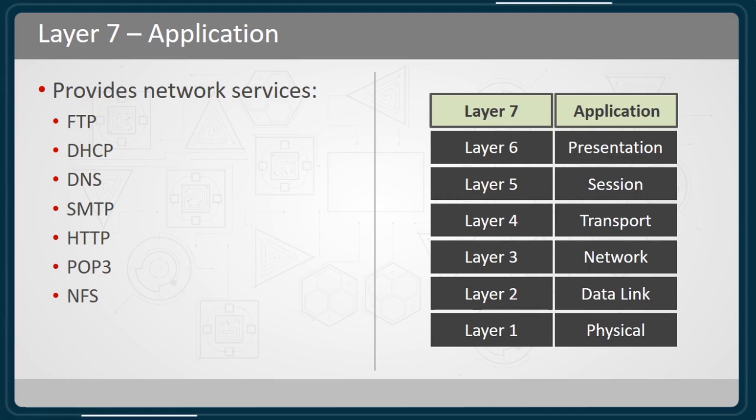So again, that's the network service, getting the site. The browser is the program. So they entirely depend on each other, but it is the function of these application layer protocols to simply provide the services to the various types of applications that we use.